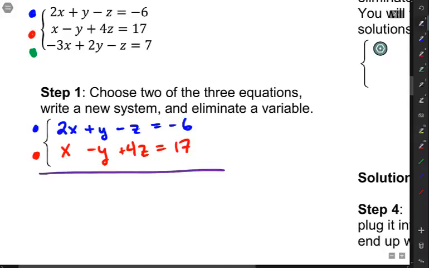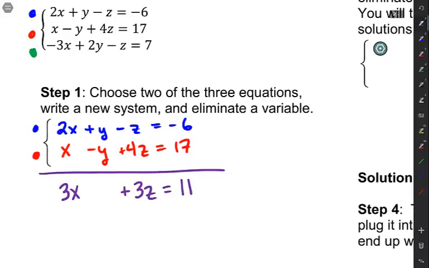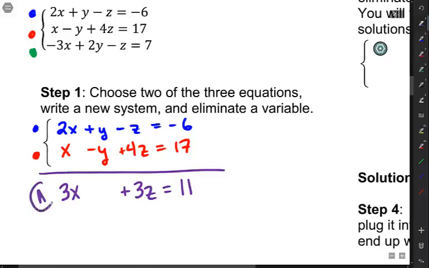That's our objective here. Do you agree I have 3x? Yeah. No y's. How many z's? 3z. 3z equals 11. All right, so there is what I would call equation A.